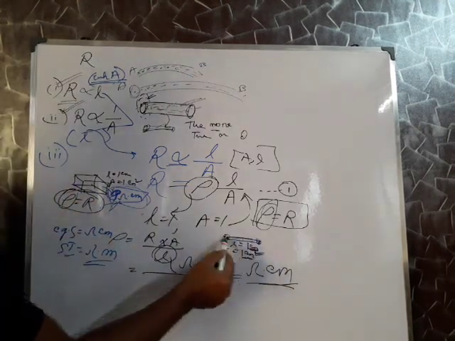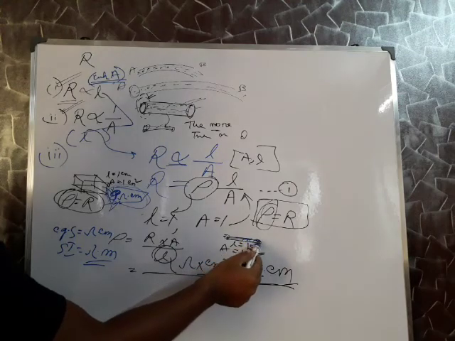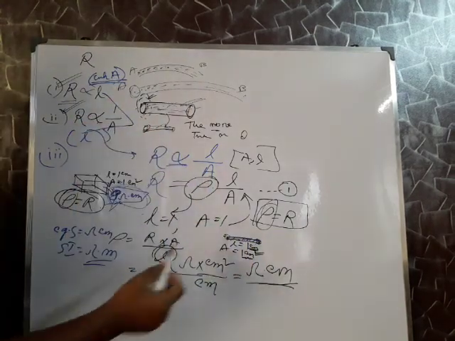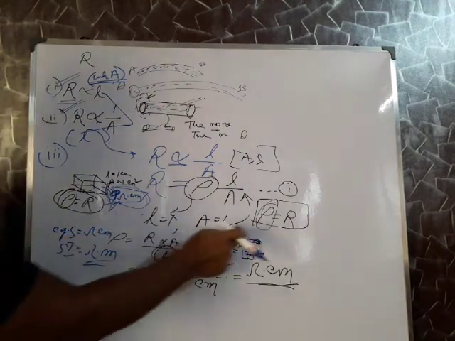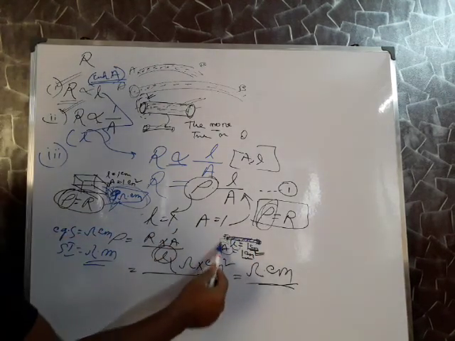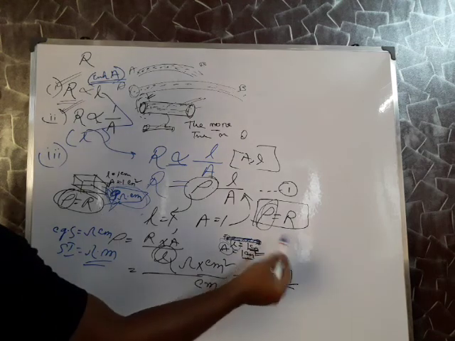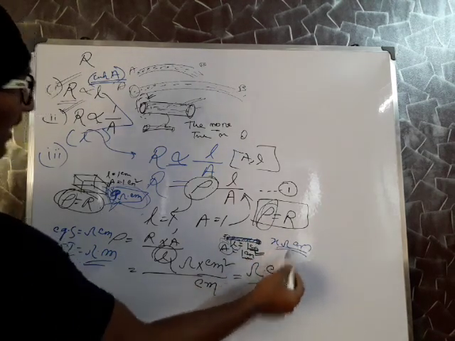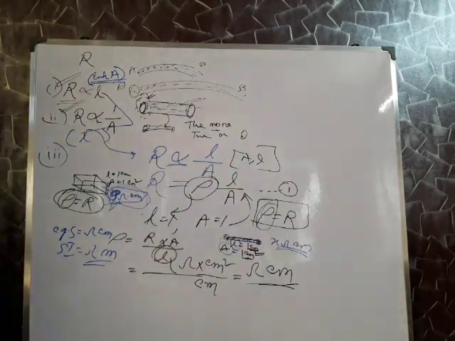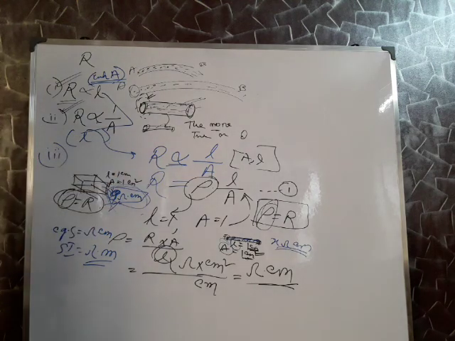When this is a unit conductor of the wire and you measure the resistance, L and A are both 1, the value you get, maybe X ohm centimeter, is nothing but the resistivity or the specific resistance. In the next content we will go through a little bit of numerical problems regarding these equations.